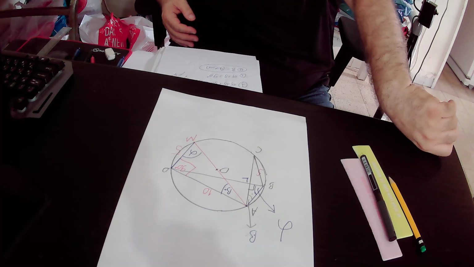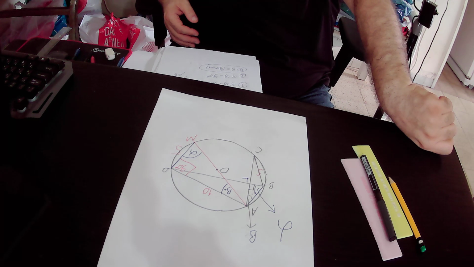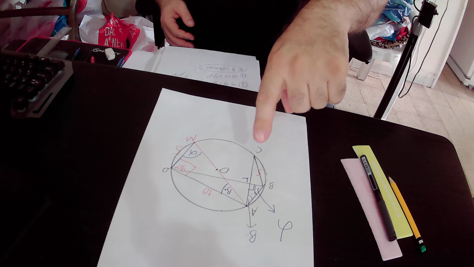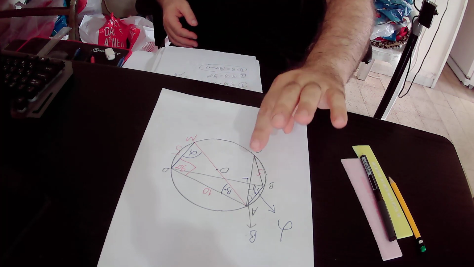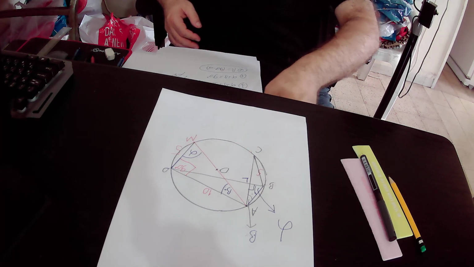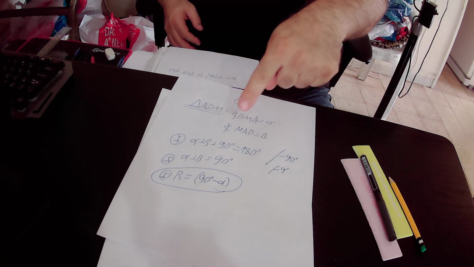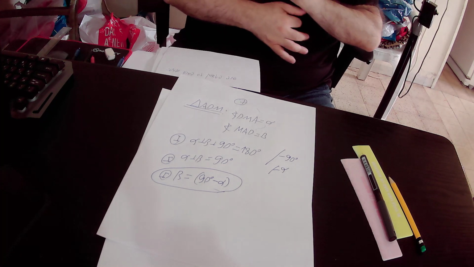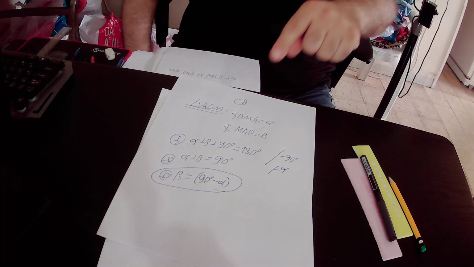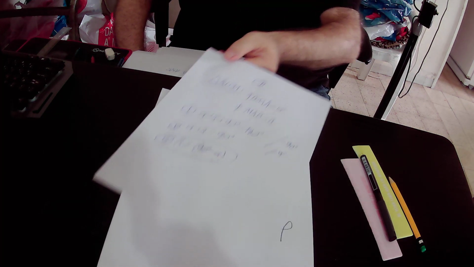So we created equation number 1, which states that the sum of the angles in the right triangle ADM equals 180 degrees, that is to say alpha plus beta plus 90 degrees equals 180 degrees. So we got that beta equals 90 degrees minus alpha. That is our first equation.